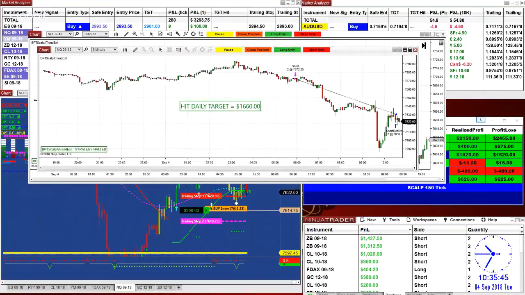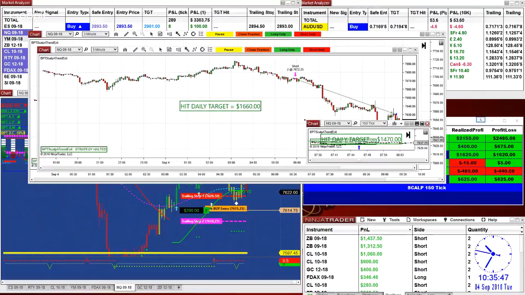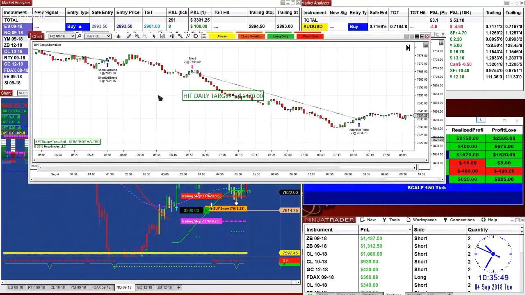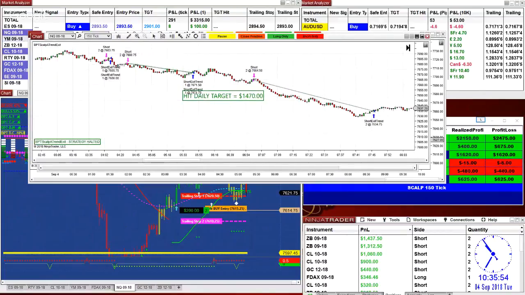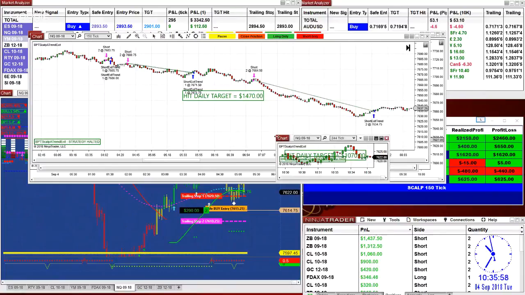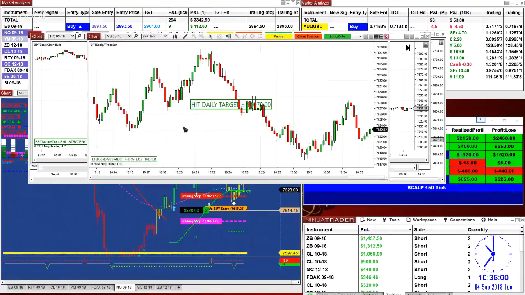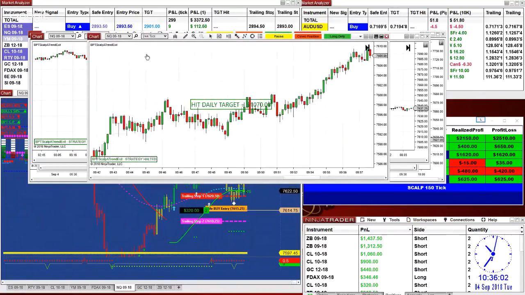This is your 5 minutes. This is your 150 ticks. All of them hit. This is your top 244.